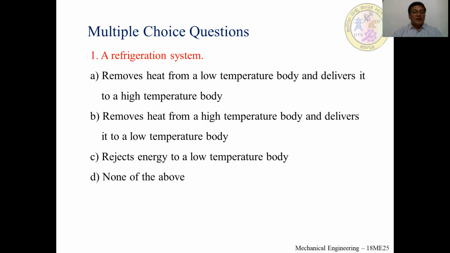The right answer is A, because, as we discussed in the working principle of the refrigeration system, it removes heat from a low temperature body and delivers it to a high temperature body.